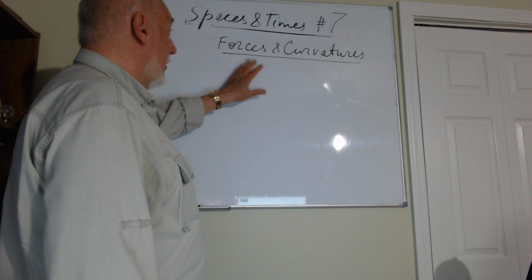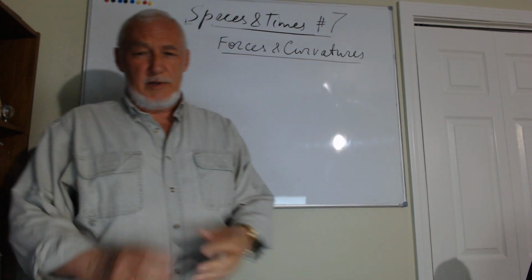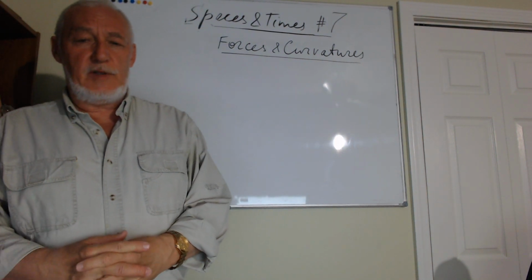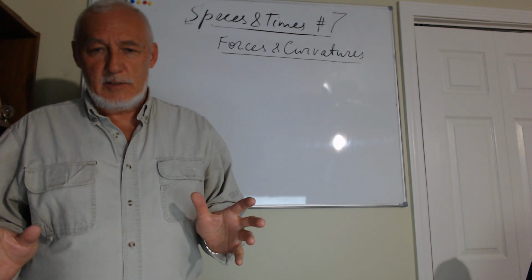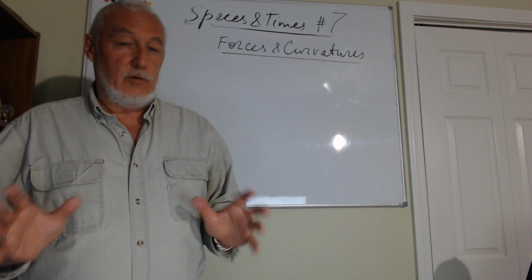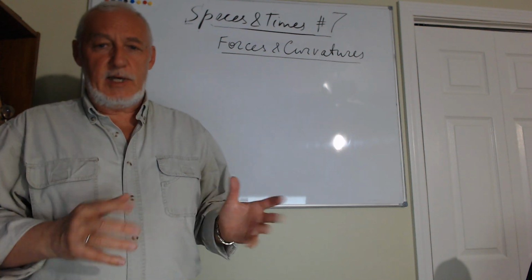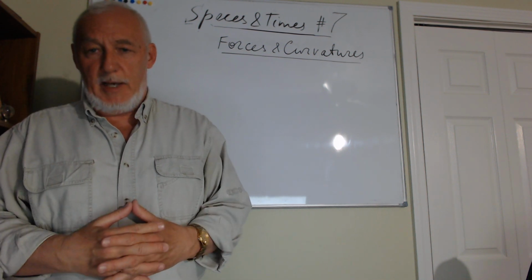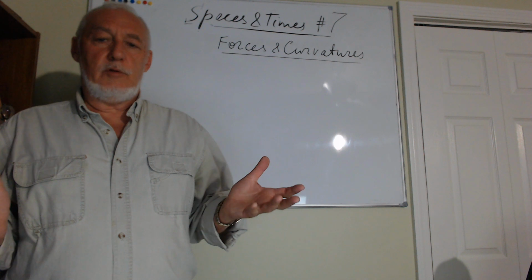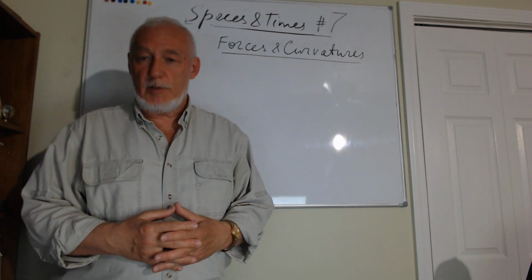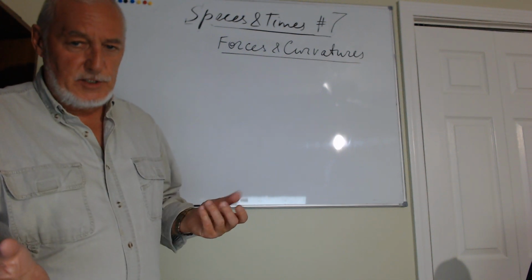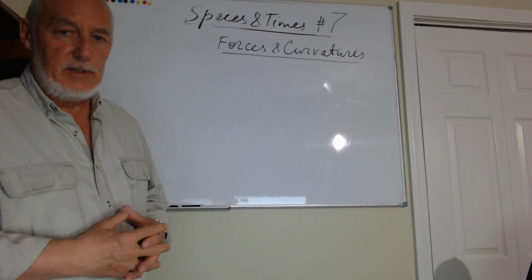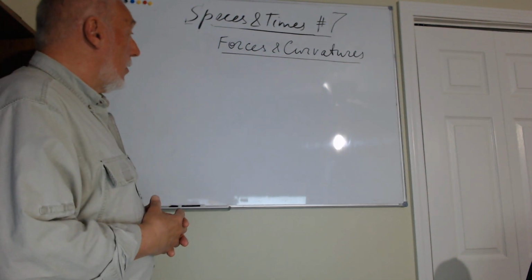And today we'll talk about force and curvatures. I told you already that modern physics is, in a certain way, called forceless. So there are no forces. Forces are something from ancient times that came from Newton's times. Newton's physics was physics of forces, right? And as you know, forces cause acceleration, the change of velocity, change of movement.